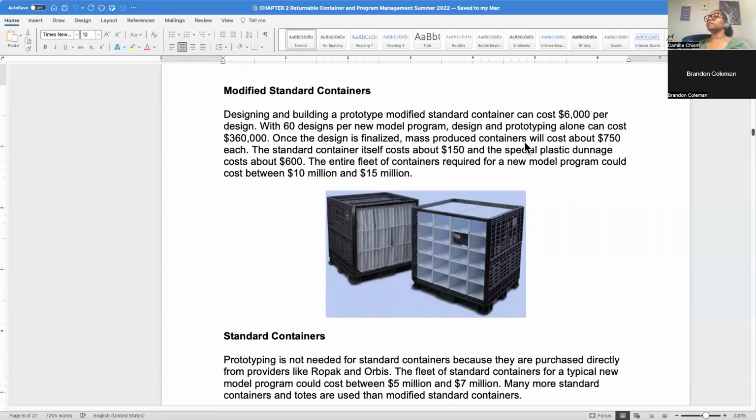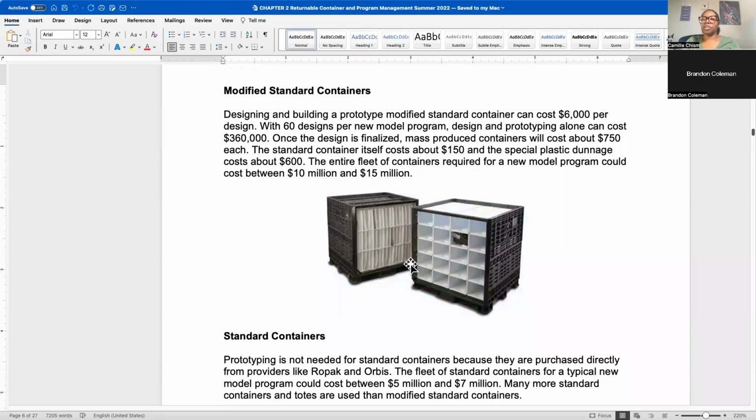So this container, something like this, can cost about $750, probably more like $1,000 now. But the container itself, this row pack used to cost about $150.